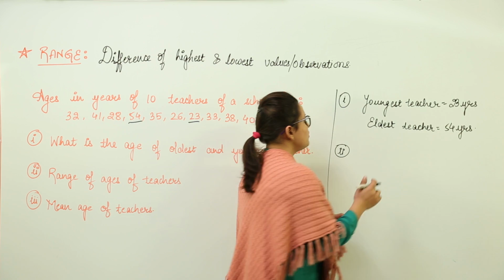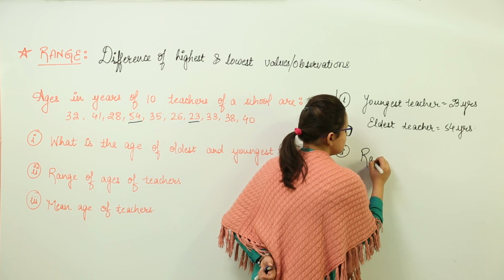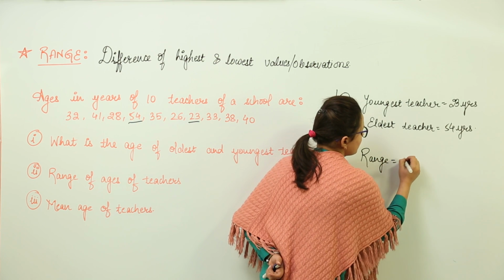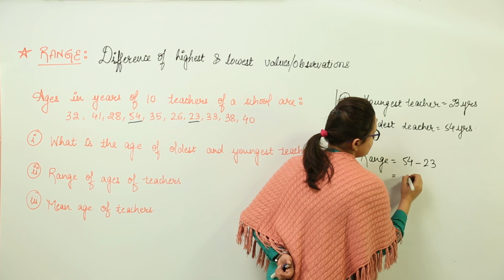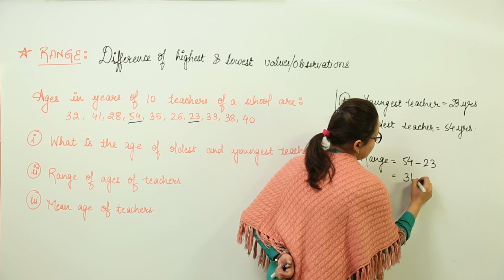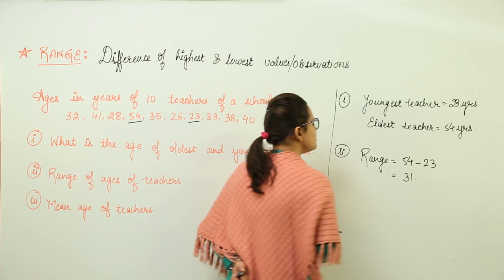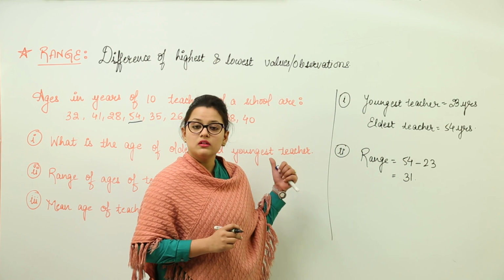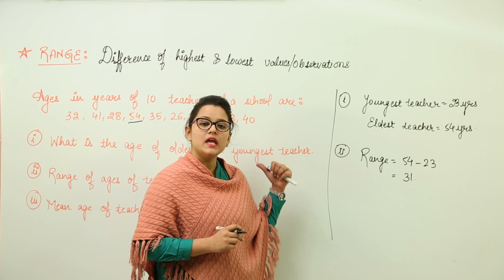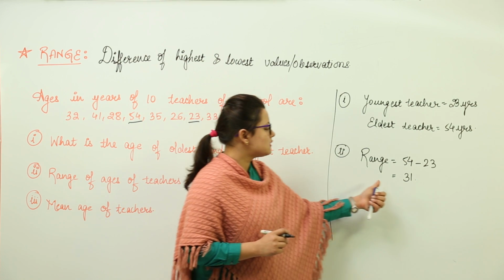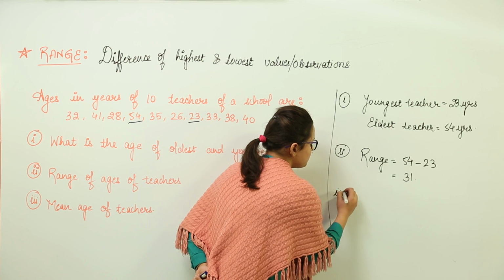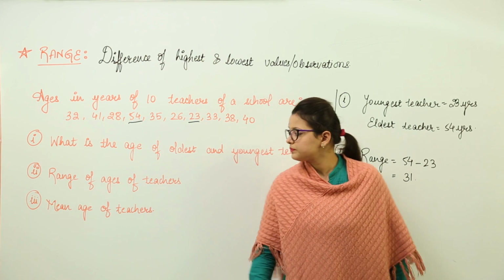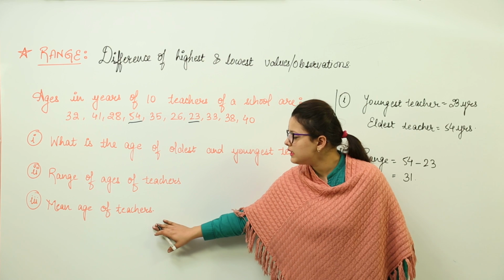The range is equal to 54 minus 23, that gives you 31. That means the range of ages of teachers is 31 years.